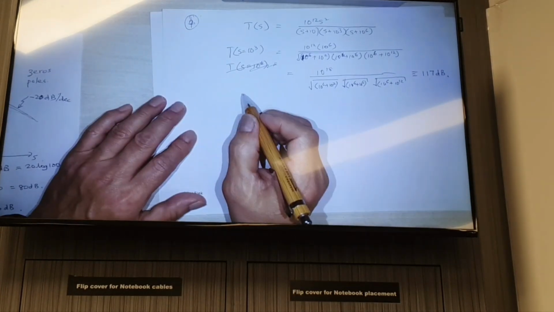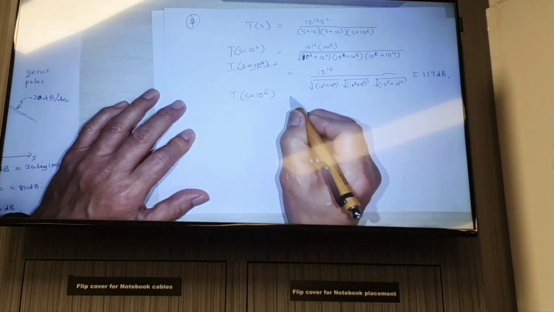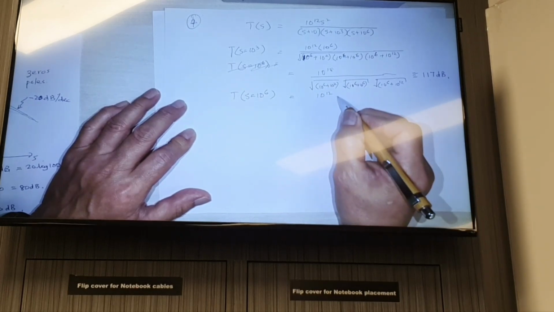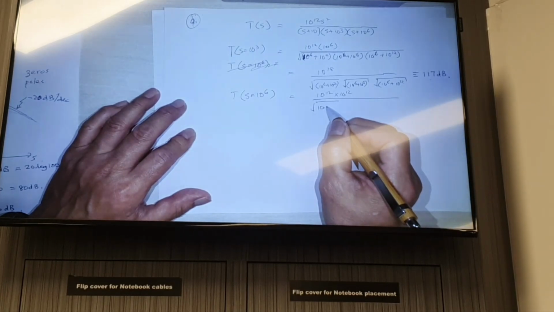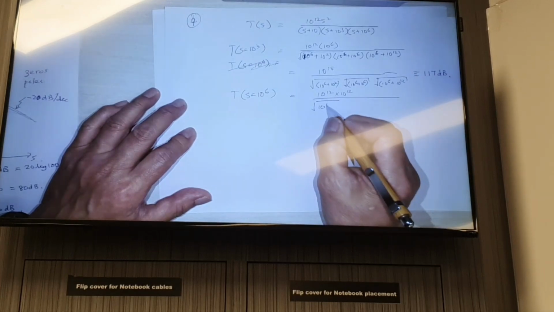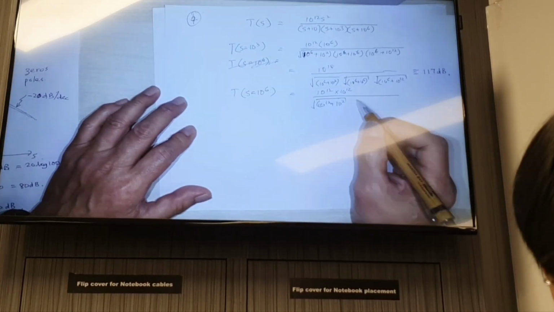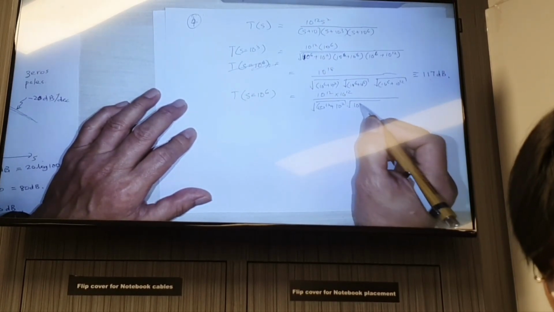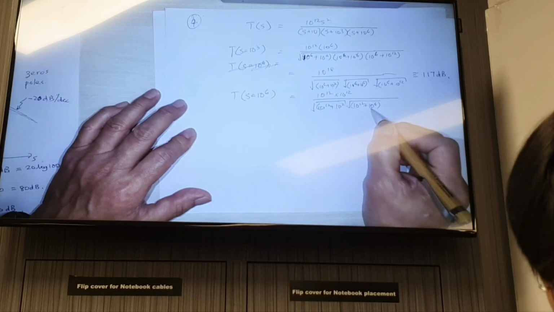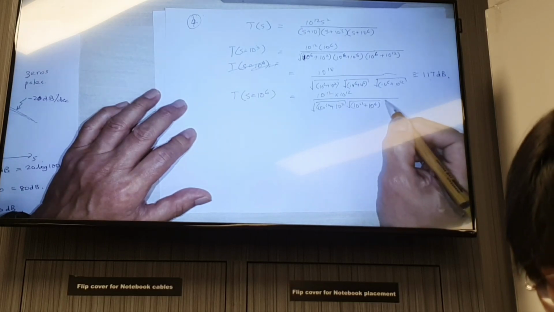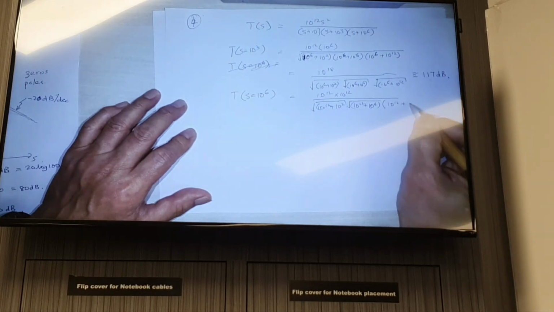Okay. So similarly, if we find out T at S equal to 1 meg, then this will become 10 to the 12 times 10 to the 12 divided by the square root of 10 to the 12 squared, plus this term which is 10 to the 2, multiplied by 10 to the 12 again, plus 10 to the 6, because it is 1k squared, times again 10 to the 12, plus 10 to the 12.